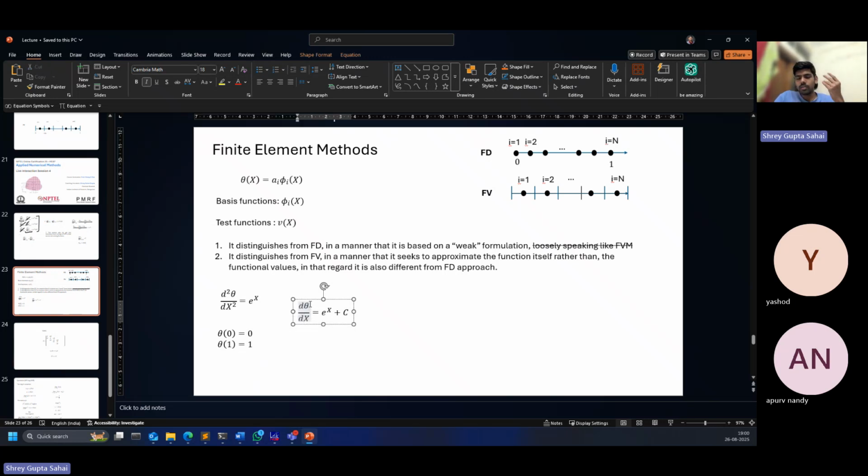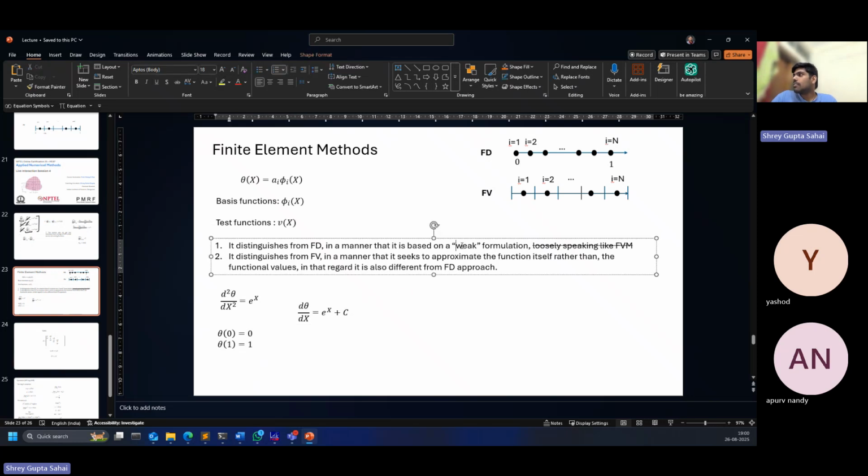So again, I'll go back. The point was I was trying to get a sense of whether I was making sense or not. Anyways, in finite element, rather than trying to satisfy the differential equation at certain exact points, it tries to satisfy the differential equation over a neighborhood, loosely speaking.